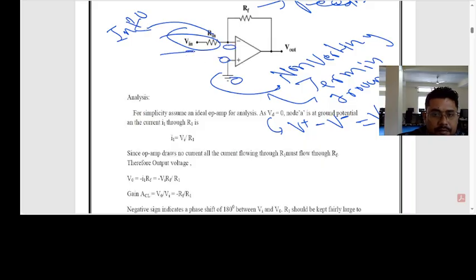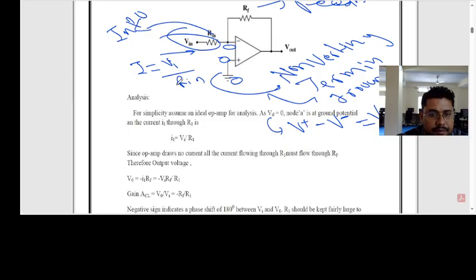So how much current will flow from here? The current I equals V in divided by R in. This much current flows through here.